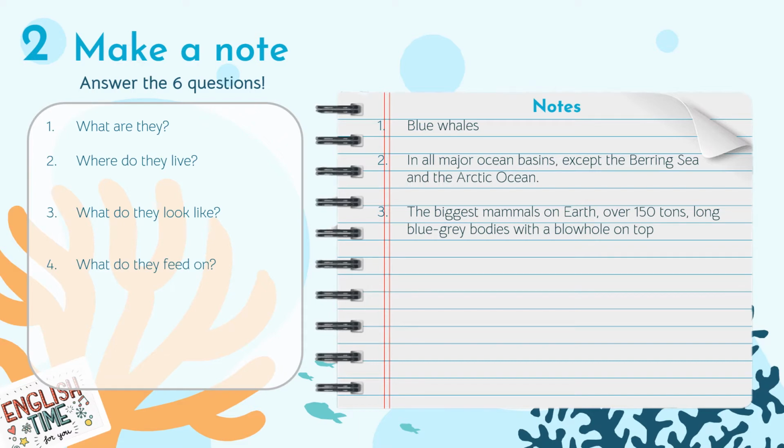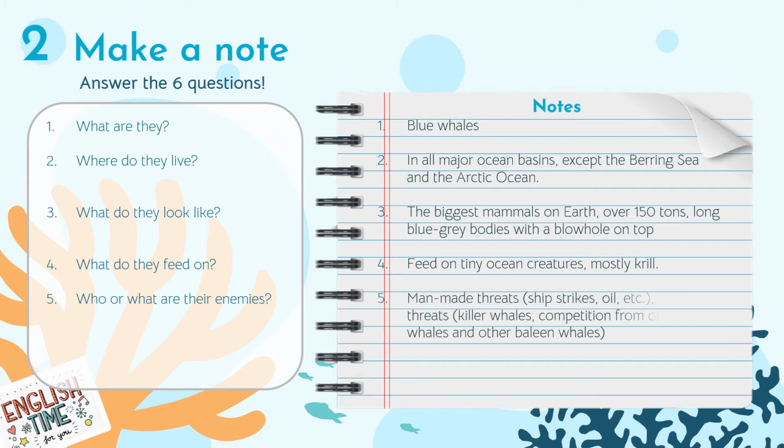And what do they feed on? They feed on krills. Yeah, tiny ocean creatures, but mostly krills. And who or what are their enemies? Their enemies can be human and or man-made and from nature.